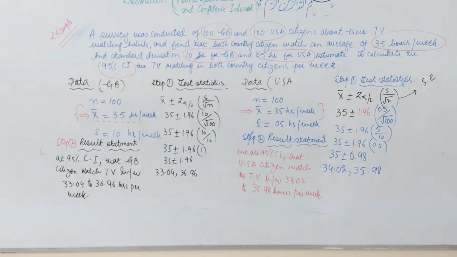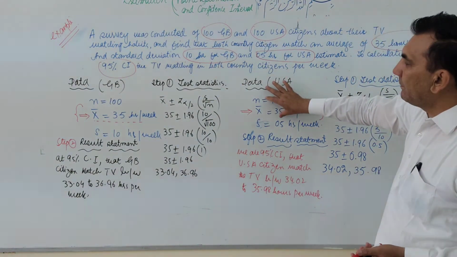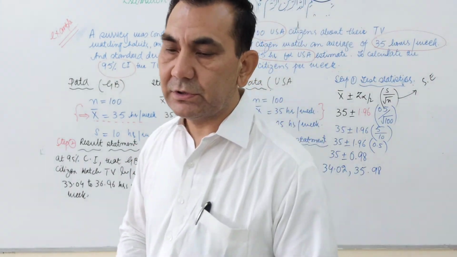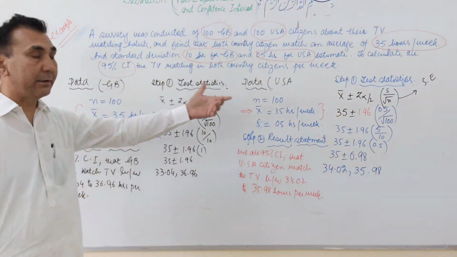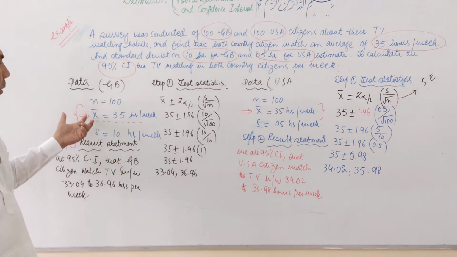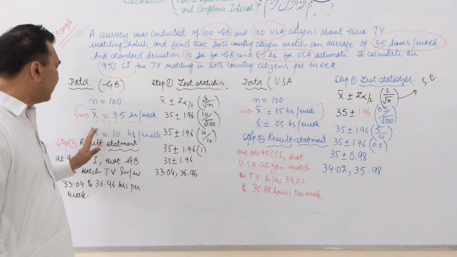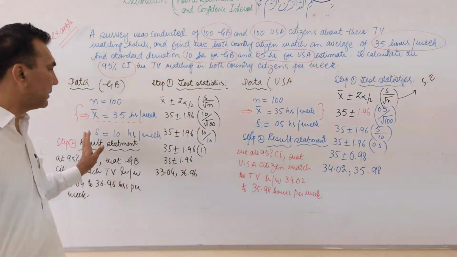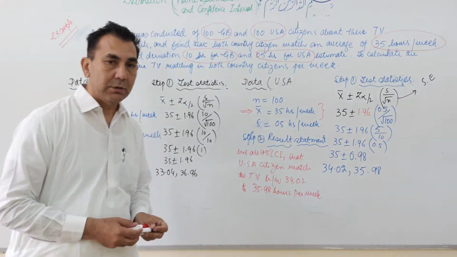Now, if you are looking here, even though the sample size of both countries in the survey was selected as 100 and 100, and the point estimate was the same, the standard deviation of Great Britain is different, 10 hours per week, and the USA is 5 hours per week.